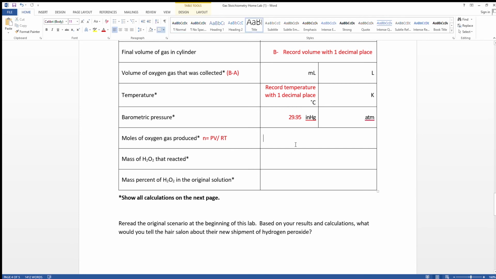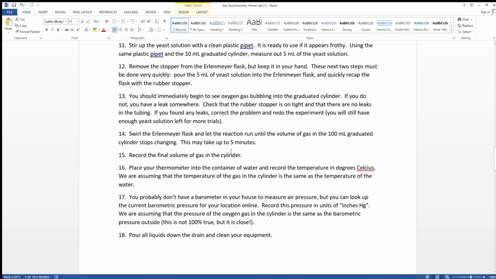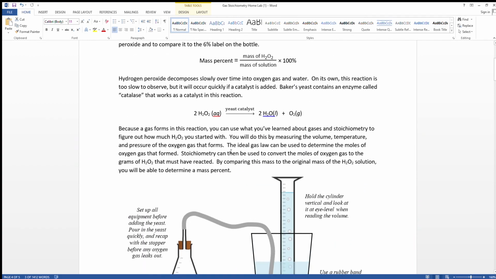Once you have moles of oxygen, next step you need to convert the moles of oxygen to mass of H2O2. In order to find the mass of H2O2, first you need moles of hydrogen peroxide. To get the moles, we need to do a mole to mole conversion, and that you can do from this balanced equation. So we have 1 mole of oxygen for every 2 moles of hydrogen peroxide.